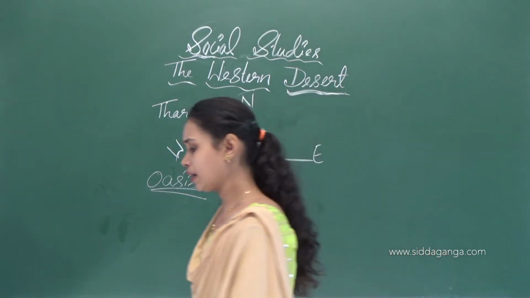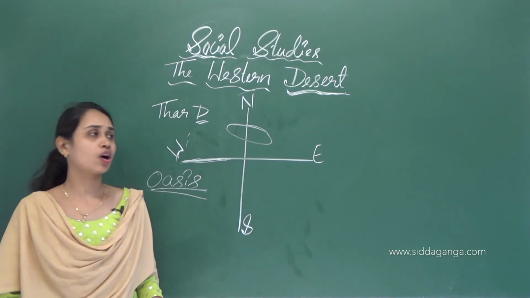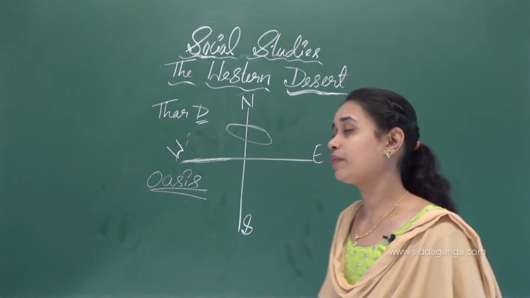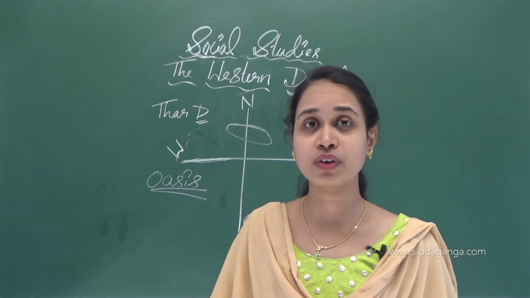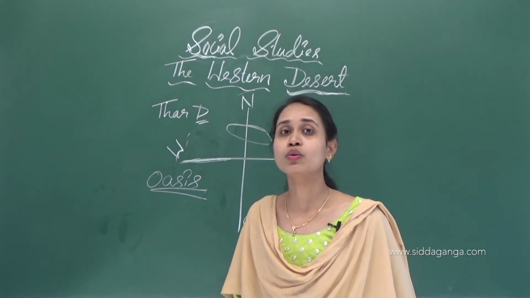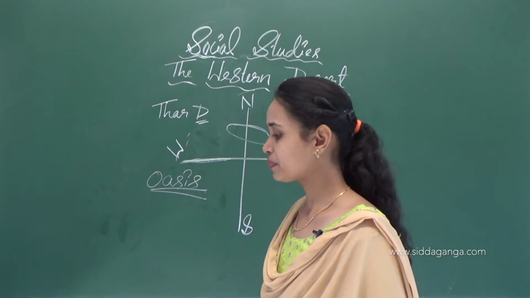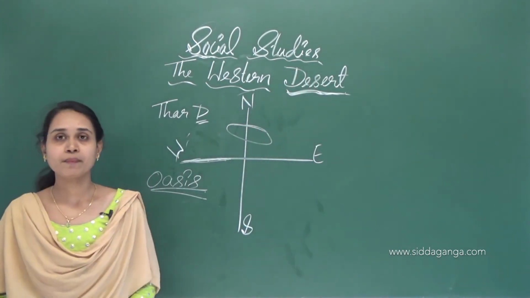In search of fodder and grass, these people, who cannot stay in one place, are called Banjaras. Some of them are called blacksmiths.